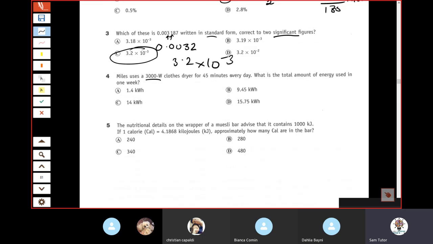Mole uses 3,000 watts, 45 minutes every day, used in 1 week. Go and work me out the kilowatt hours in 1 week. Yep, I've got my answer.